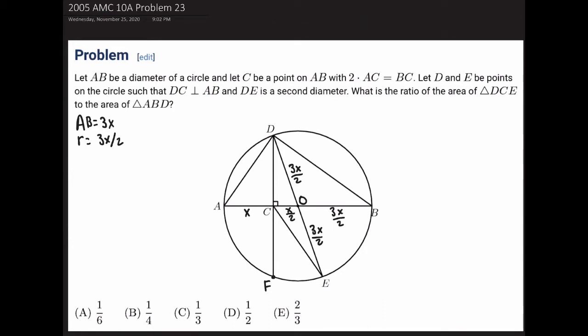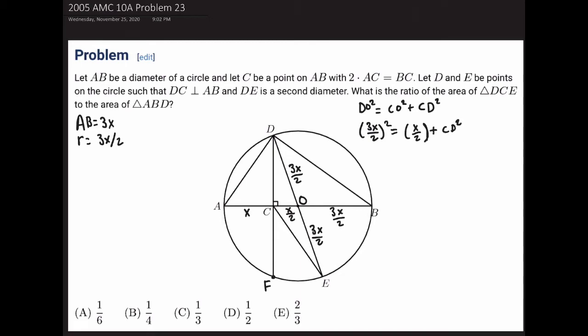Now we can use the Pythagorean theorem to determine what the length of CD is. By the Pythagorean theorem, DO squared is going to be equal to CO squared plus CD squared. We can rewrite this as 3x over 2 squared is equal to x over 2 squared plus CD squared.